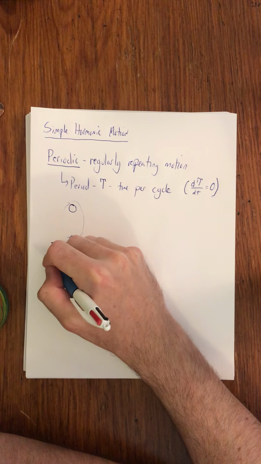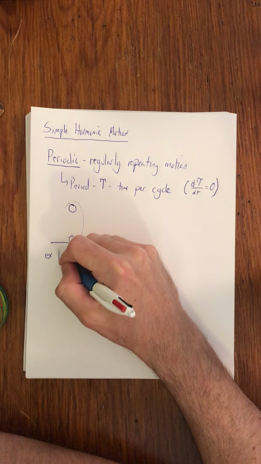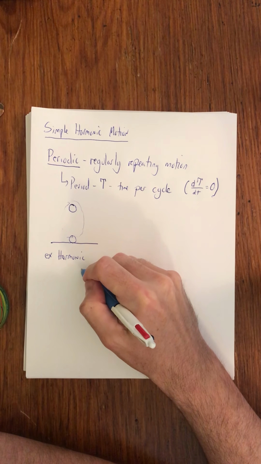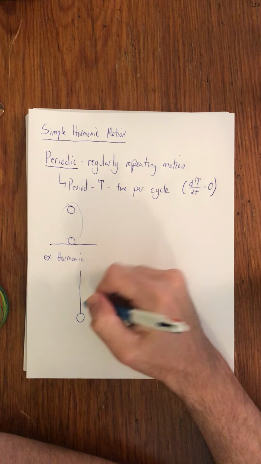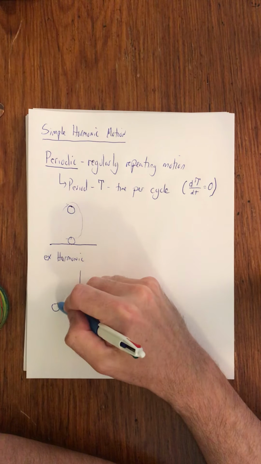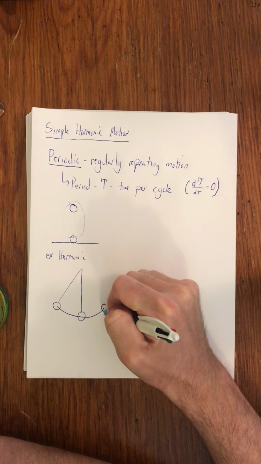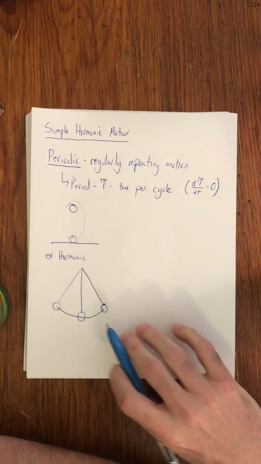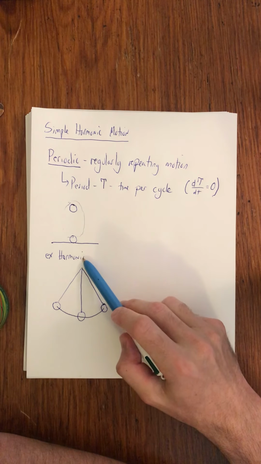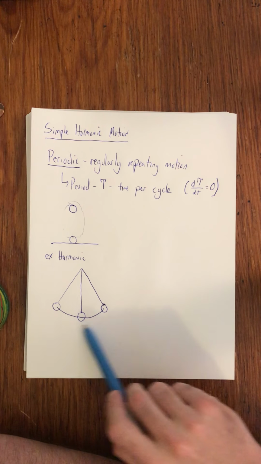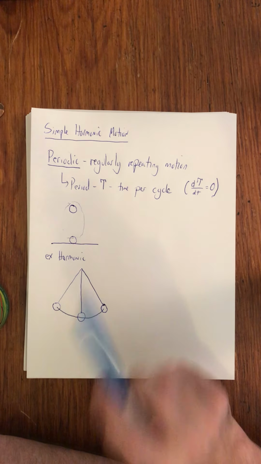So let me give you an example of a harmonic motion. A harmonic motion would be something like a pendulum. So if I've got a pendulum and I pull it back, it swings through its motion. Now, a harmonic motion here is periodic because this thing is going to take a certain amount of time to go back and forth, back and forth, right?